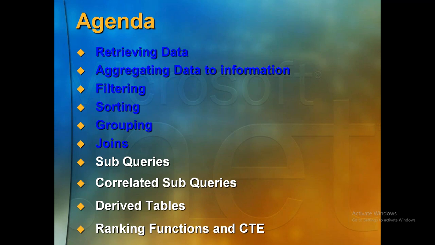Tomorrow we're going to discuss correlated subqueries, and we'll see the difference between normal subqueries and correlated subqueries. Once that is over, then in Monday's class we'll probably discuss derived tables, and Tuesday and Wednesday we complete ranking functions and CTEs. Clear? So next week we'll complete queries, right?